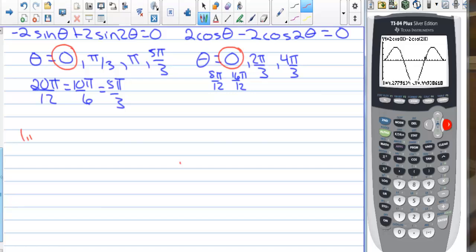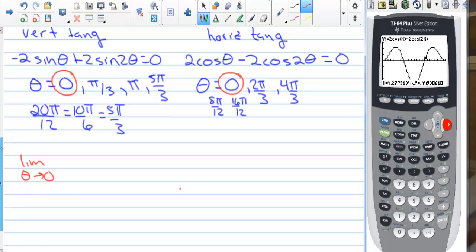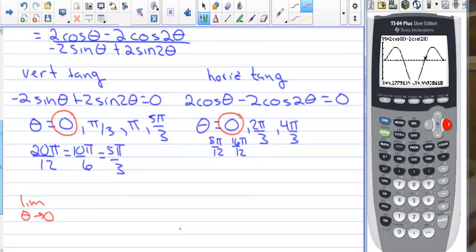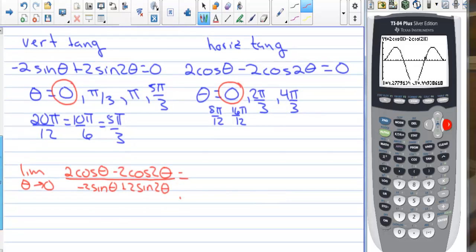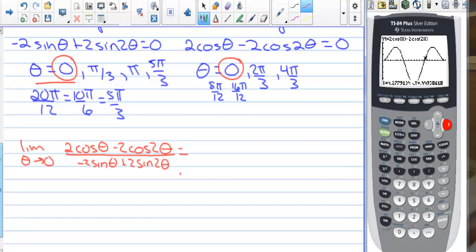To do that, we're going to take the limit as theta approaches 0 of the derivative. So the derivative is 2 cosine of theta minus 2 cosine of 2 theta over negative 2 sine of theta plus 2 sine of 2 theta. But we already know from solving these that we have 0 over 0, an indeterminate form, so we're going to use L'Hopital's rule.